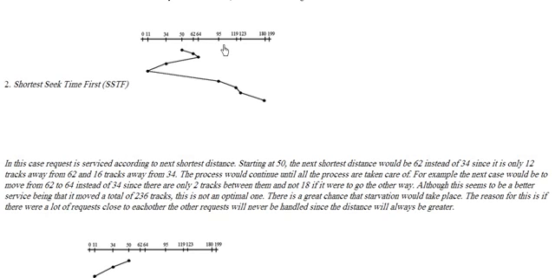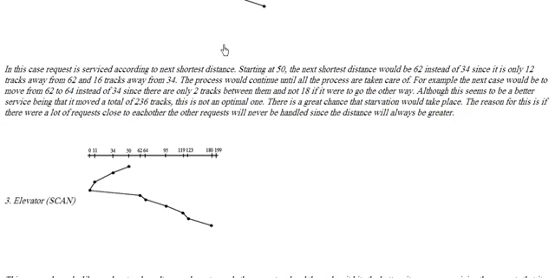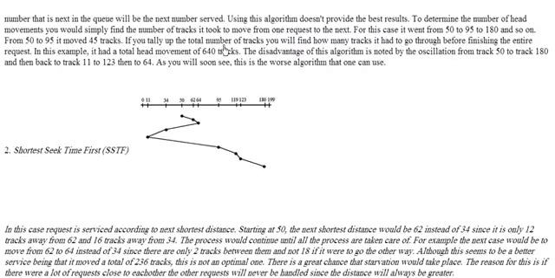The other requests will never be handled, since the distance will always be greater. So you should take care of this: a chance for starvation in the shortest seek time first.